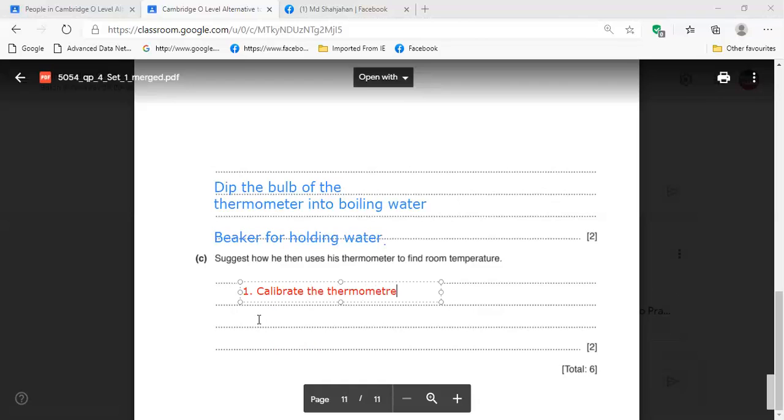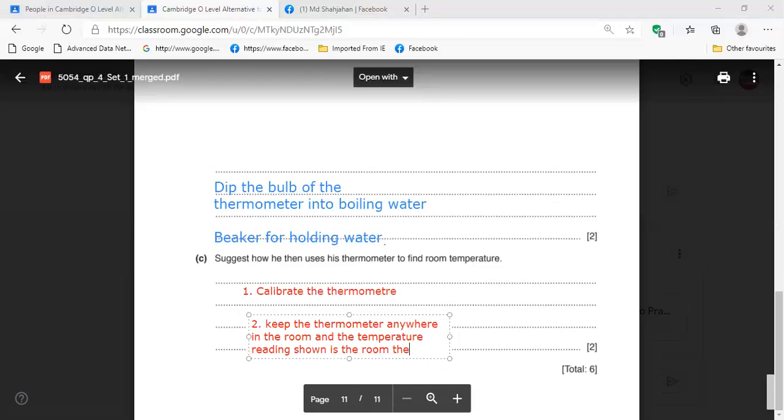Then the second one is keep the thermometer anywhere in the room, and the temperature reading shown is the room temperature. Okay. Is it clear now?